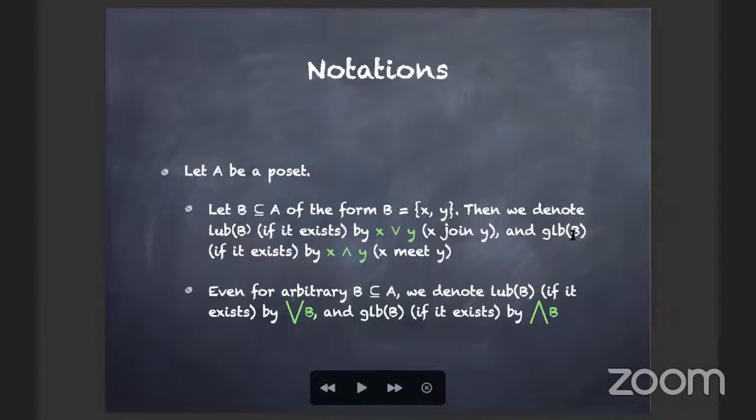And the GLB of B, if it exists, will be denoted by X meet Y. In fact, if we take any arbitrary subset B of A, then we will denote the least upper bound of B by this notation, and the greatest lower bound of B by this notation. Of course, if they exist.